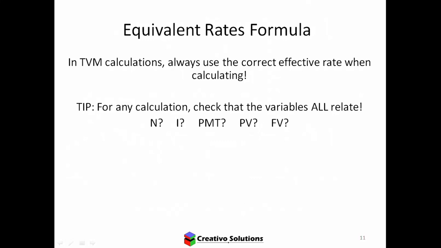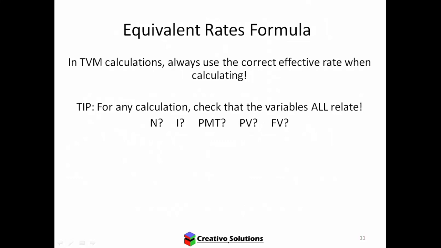Your N has to relate to your I. Those are the most important in terms of timing, because you have the number of periods and then you have I, which would be the interest rate that's going to be used, according to the compounding. Right, and then payments would be your annuity, so how many payments are you making? Present value and future value is just the amounts, what you started with and what you end with.